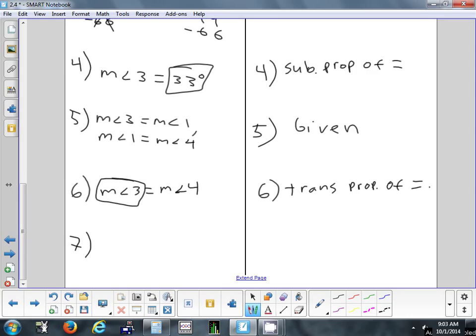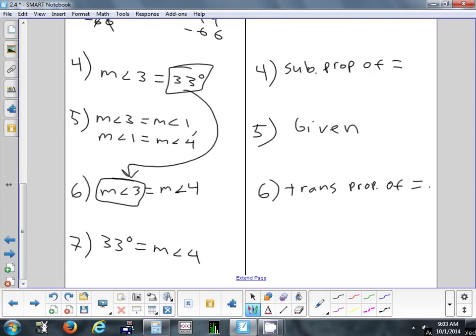This time we're not multiplying, we're changing something we have here with something else. I don't like to use the word changing, there's a better word, but that's the answer to my question. Owen? Would it be substitution? You're substituting, yes. You're substituting in what you figured out in step 4 for measure of angle 3.